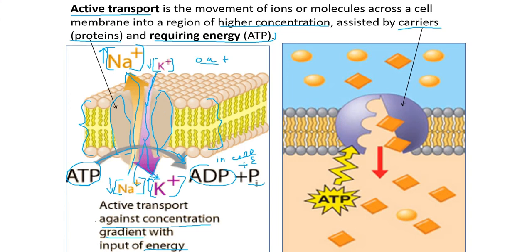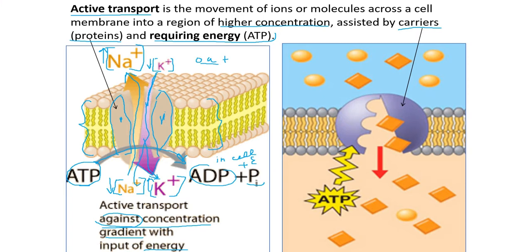So again, it's against the concentration gradient, and because of this, we need ATP molecules. This transmembrane protein, called the sodium-potassium pump, moves sodium in one direction and potassium in the other direction simultaneously. And this is how it's shown here.